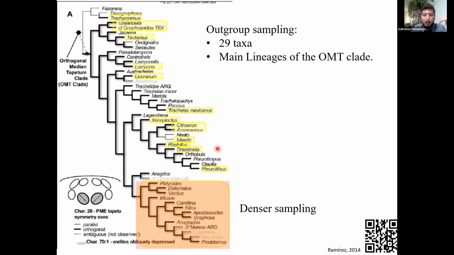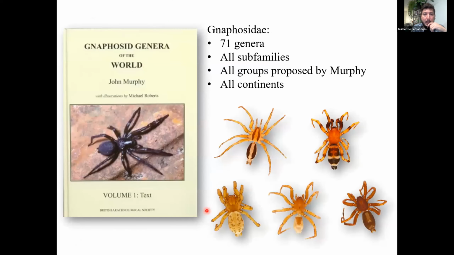So we sampled outgroup taxa in the oblique median tapetum clade, or what we see as the extended Gnaphosoid clade, with a denser sampling of this part of the tree, which was more the interest of the paper. We sampled 71 genera of Gnaphosidae and also families and groups proposed by Murphy, from all continents.